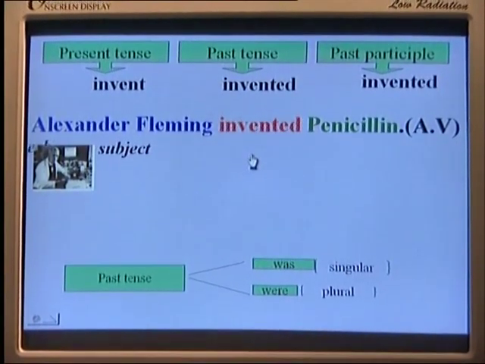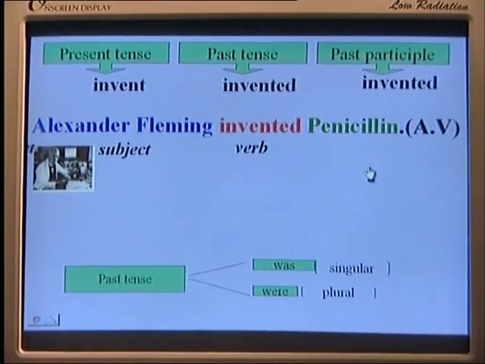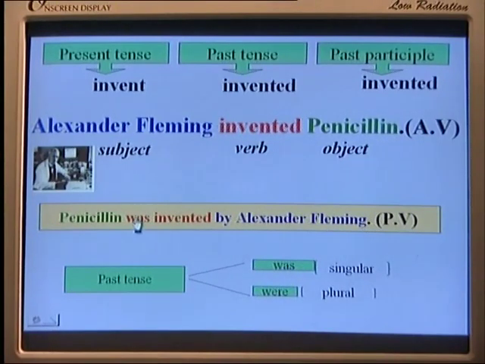Subject Alexander Fleming, verb invented, and penicillin is object. So, penicillin is in singular form, therefore, penicillin was invented. Penicillin was invented by Alexander Fleming. So, the object here has become the subject here.